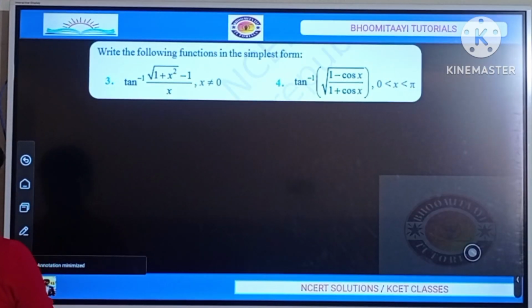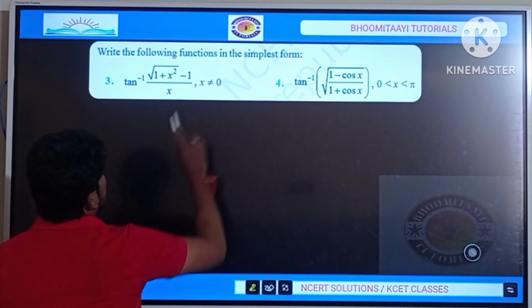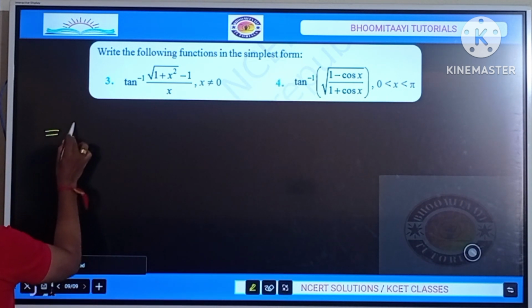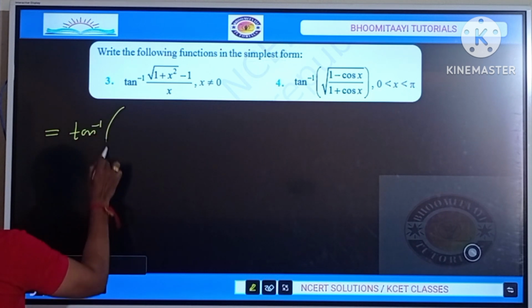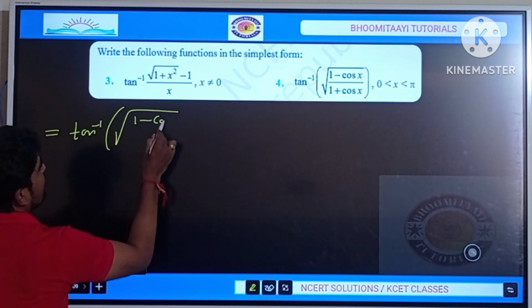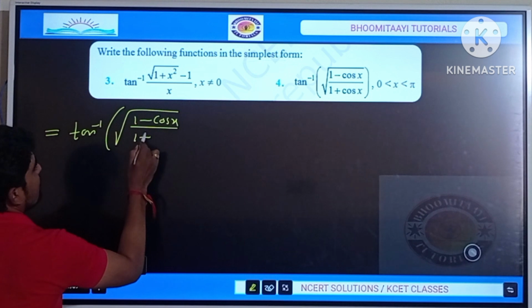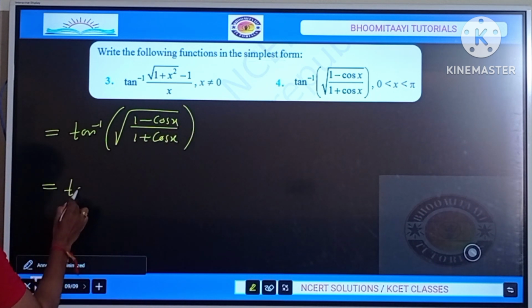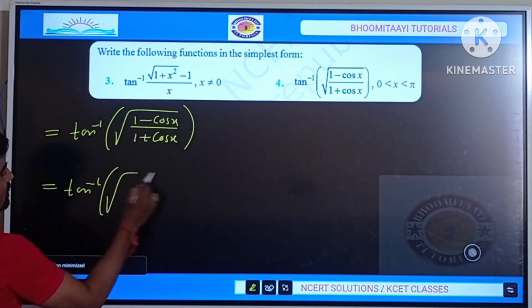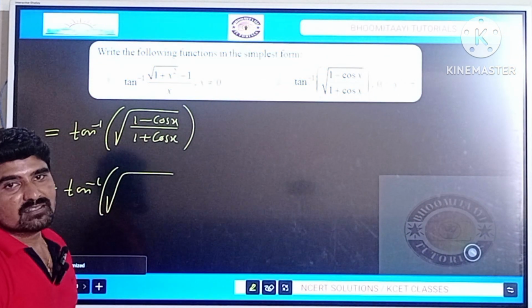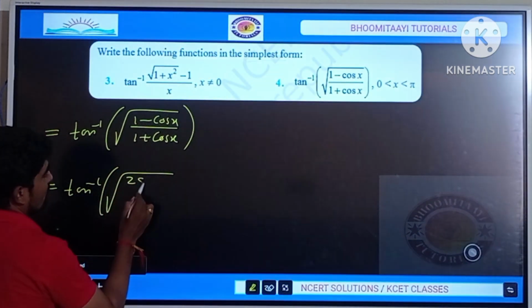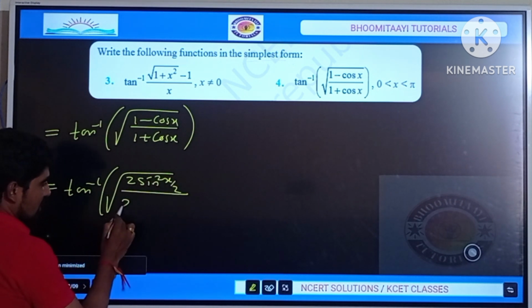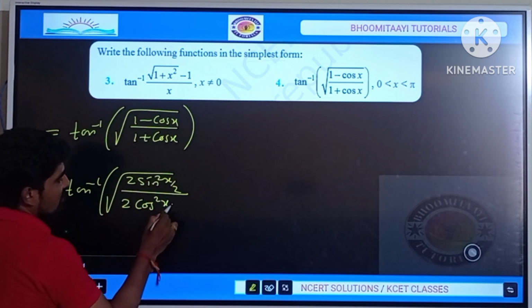In the fourth question, also write the simplest form of tan inverse of square root of 1 minus cos x divided by 1 plus cos x, which is equal to tan inverse of, we know that 1 minus cos x is equal to 2 sin square x by 2 divided by 1 plus cos x is equal to 2 cos square x by 2.